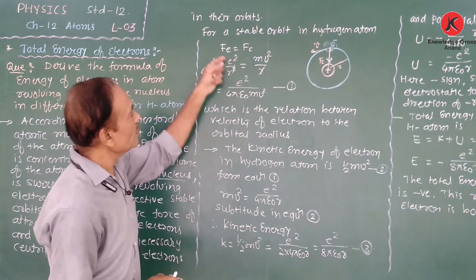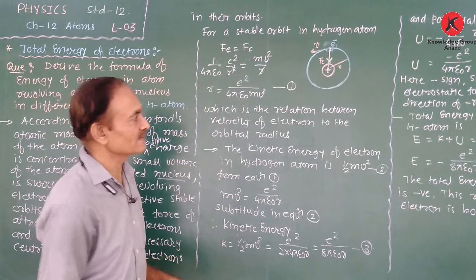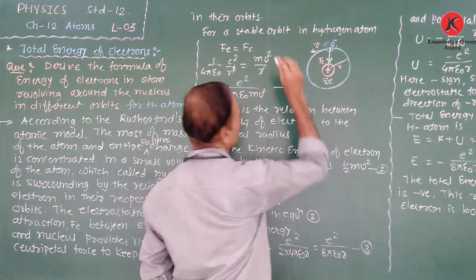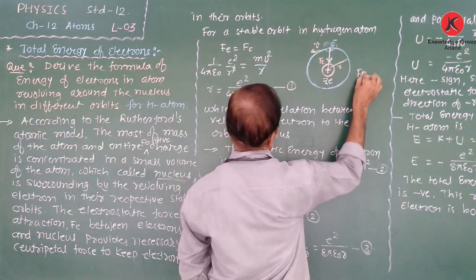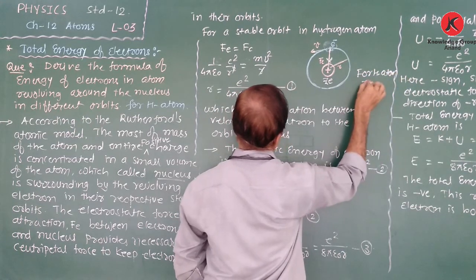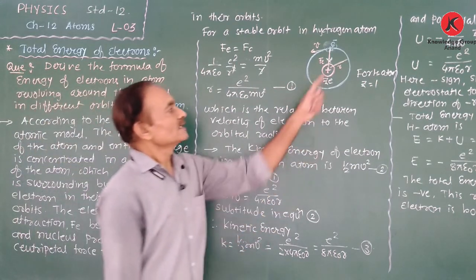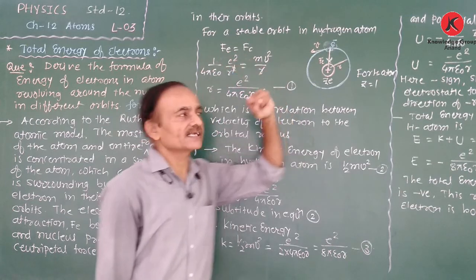According to Coulomb's law, 1 upon 4 pi epsilon 0 into e square upon r square. Actually, the nucleus has the charge Ze, but for the hydrogen atom, the atomic number Z is equal to 1. Therefore, the nucleus has the charge e, and the electron also has the charge e.